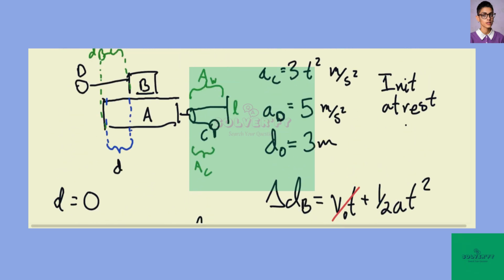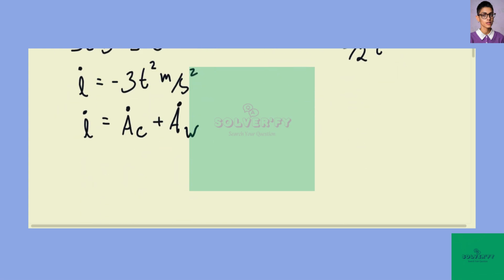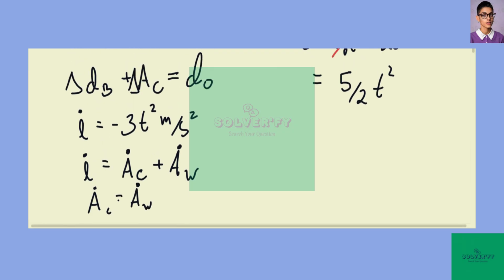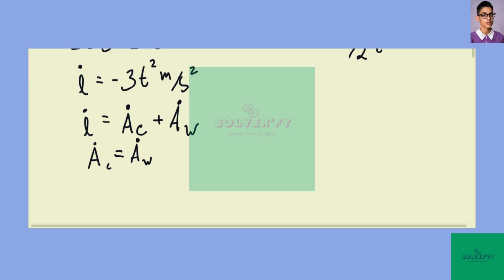We also know that since AW and AC are on a taut string connected by a pulley, their time derivatives must equal each other. So since we were defining this in terms of AC up here, we can go ahead and substitute in AW for AC here to get that L dot must just be 2 AC dot.